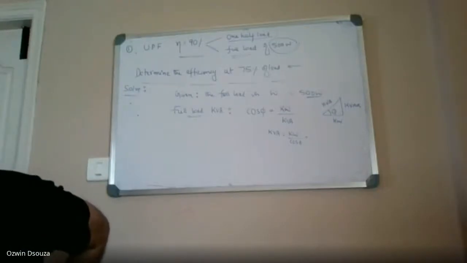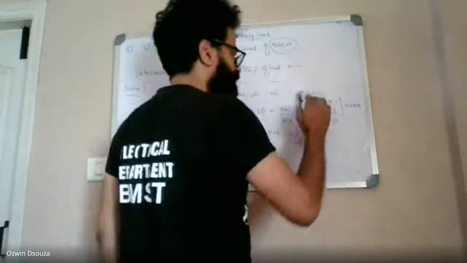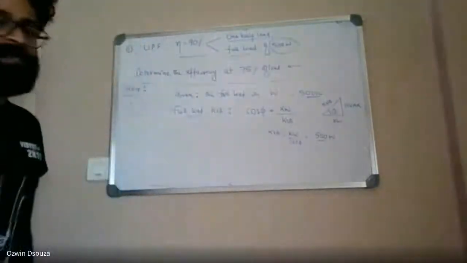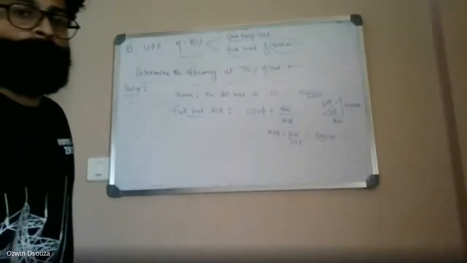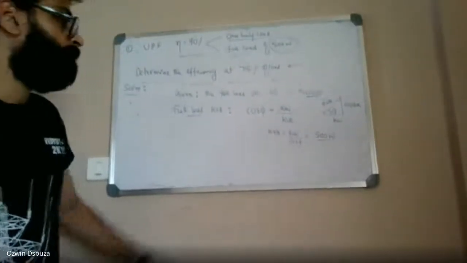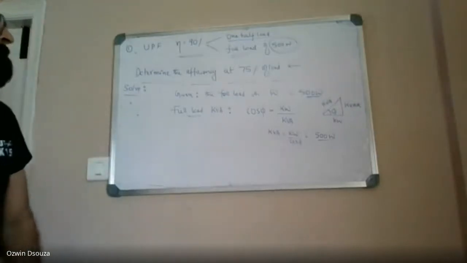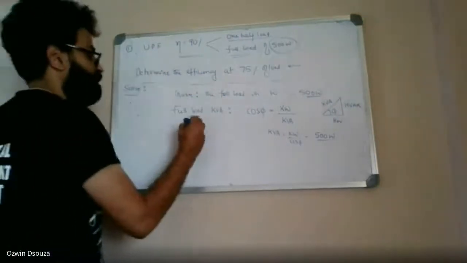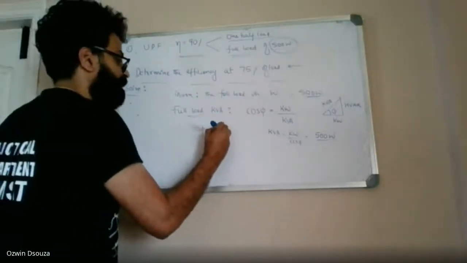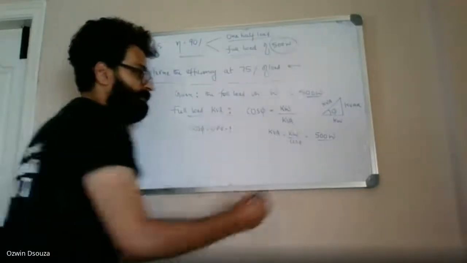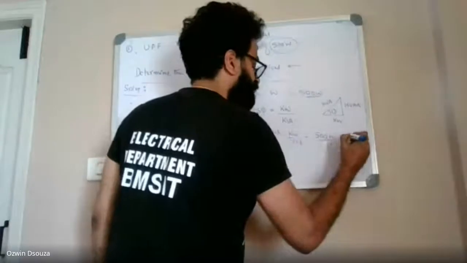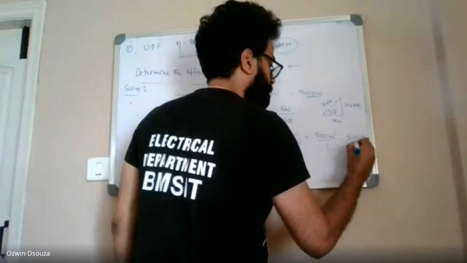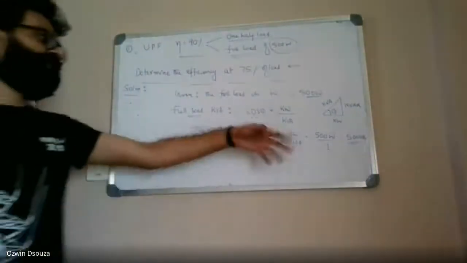In this case, they haven't mentioned kilowatt, they have mentioned watts. So just write 500 watts divided by cos phi. What is cos phi? Unity power factor, so cos phi is equal to 1. So your kVA or VA rating is basically 500 VA. So this is the general formula.